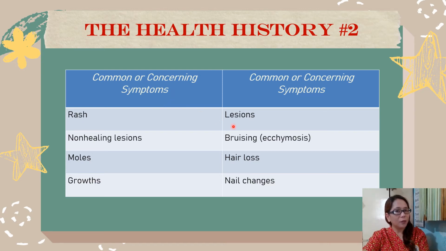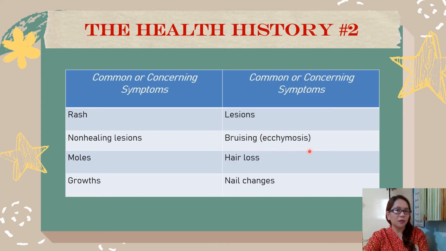Habang ginagawa mo yung health history, if you found rashes, that can be a sign of allergy, no? You have to check the characteristics. The non-healing lesions, the moles, growths like cyst, okay? Lesions, the characteristics, the bruising or ecchymosis. What are the causes? Bakit nagkaroon?